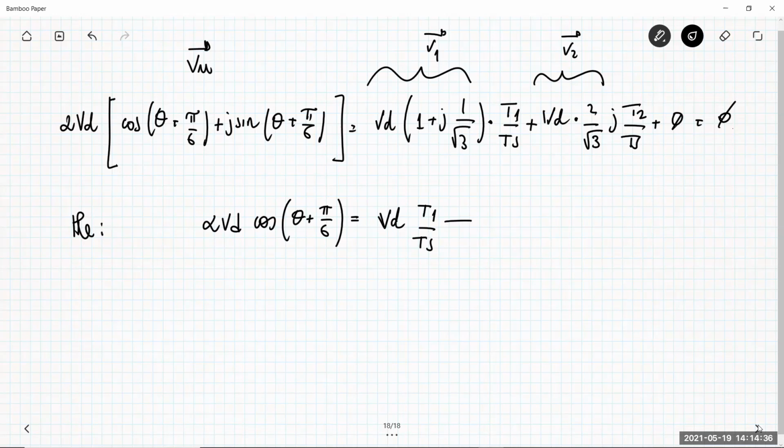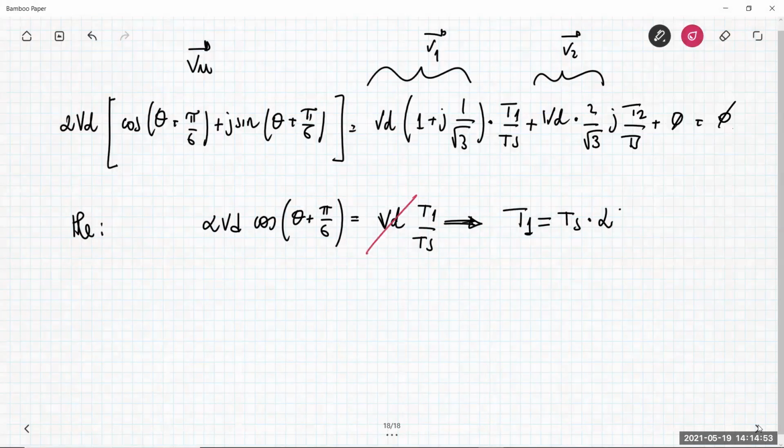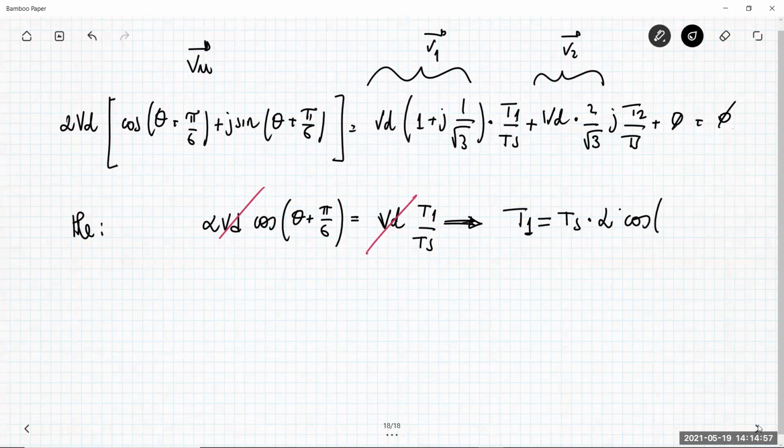So from this expression, it's very simple to see that T1 is equal to Ts multiplied by alpha, Vd is simplified, cosine of theta plus pi divided by 6.